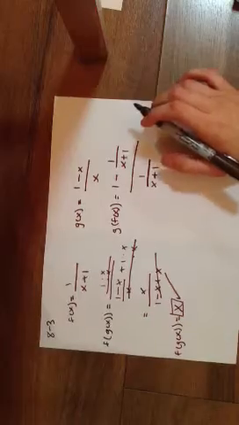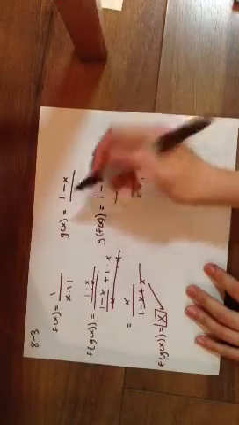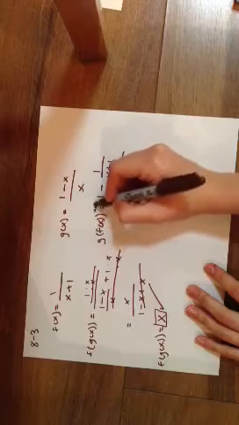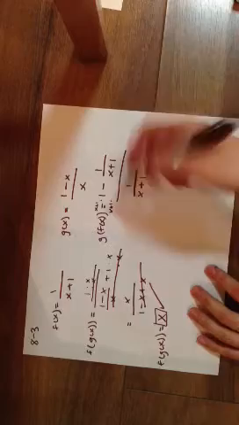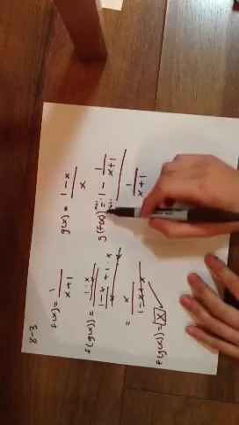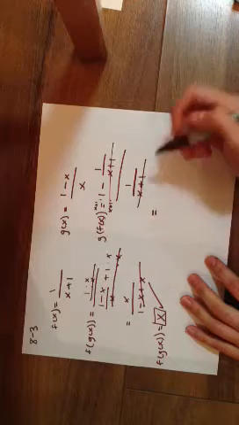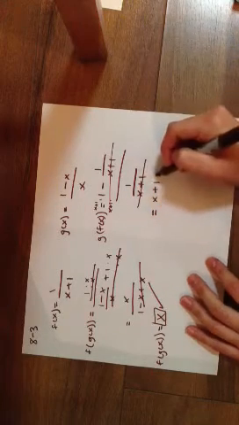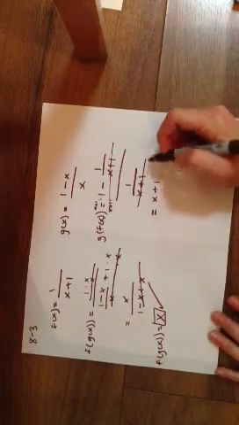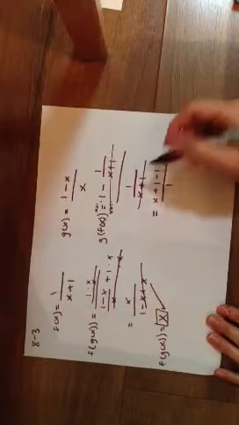We need to make sure we have common denominators, in this case x plus 1, so times x plus 1 times x plus 1, and this crosses out, and we are left with x plus 1 minus 1 over 1.